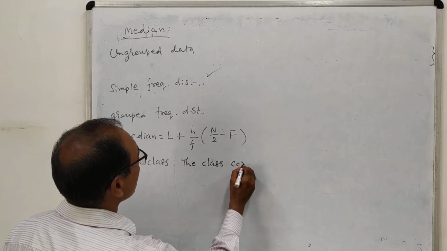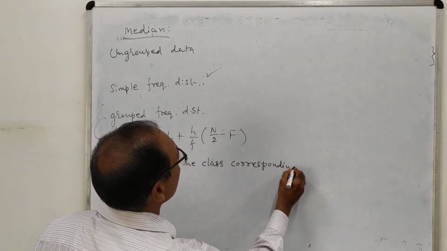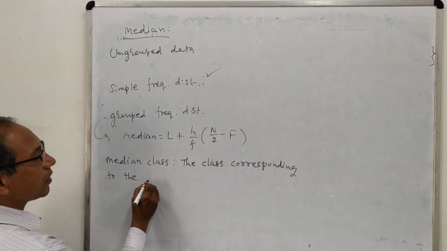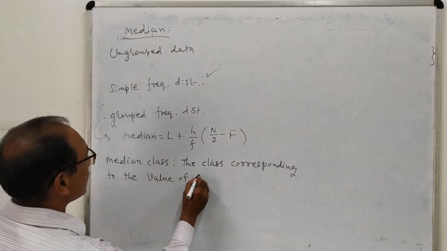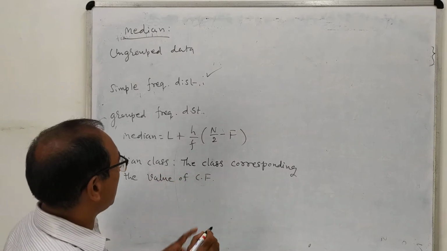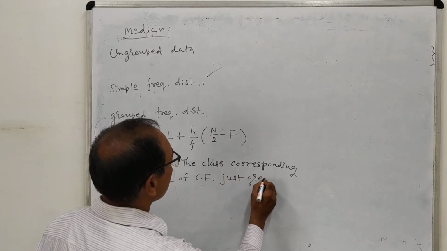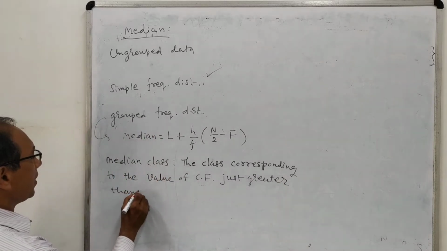corresponding to the value of CF, that is cumulative frequency, just greater than capital N by 2.